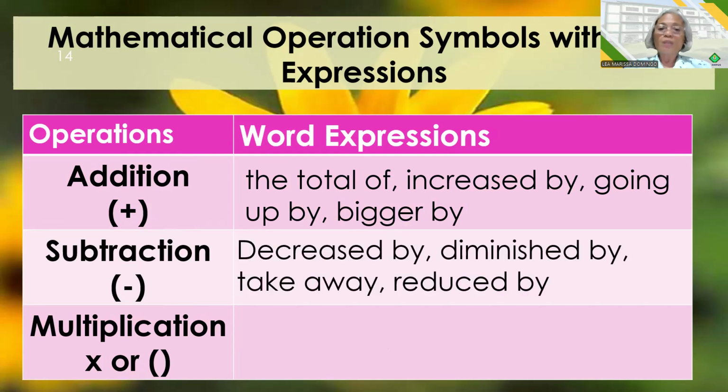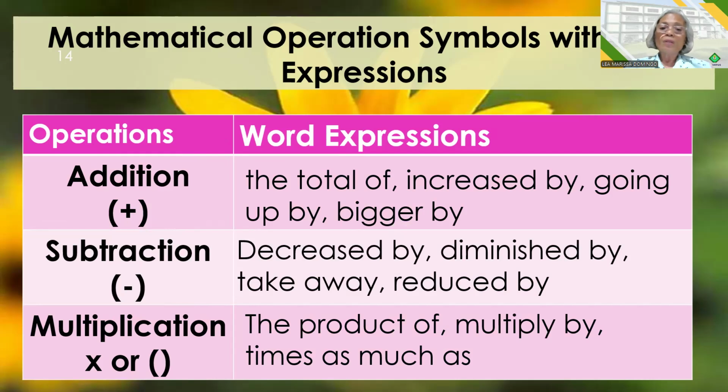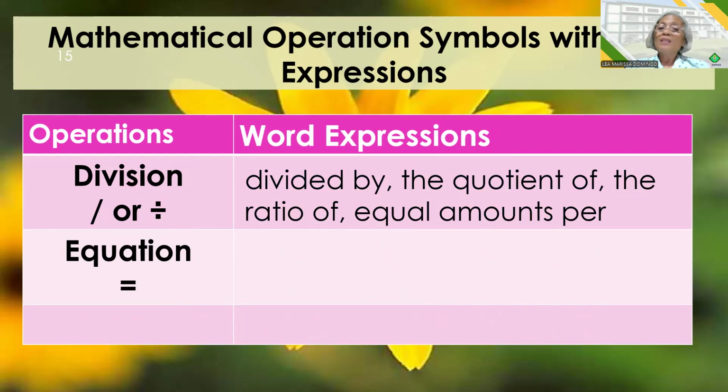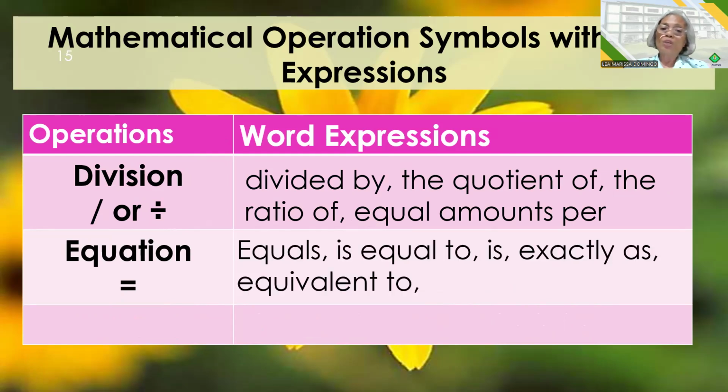When we see decreased by, diminished by, take away, reduced by, we mean the operation is subtraction. And when we say the product of, multiply by, times as much as, we mean the operation multiplication. For division, we see words like divided by, the quotient of, the ratio of, equal amounts per.